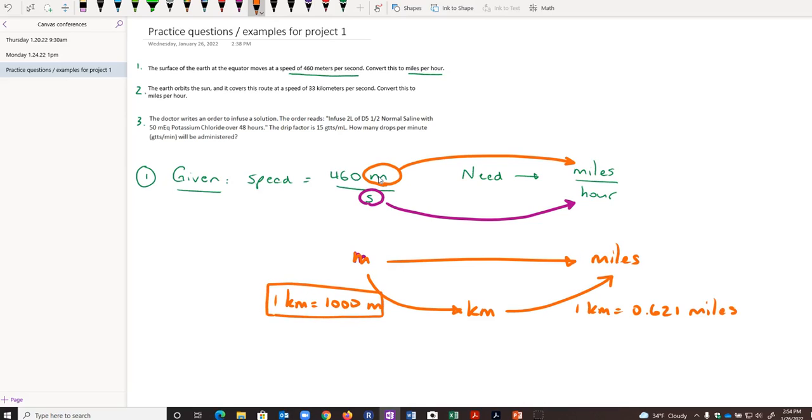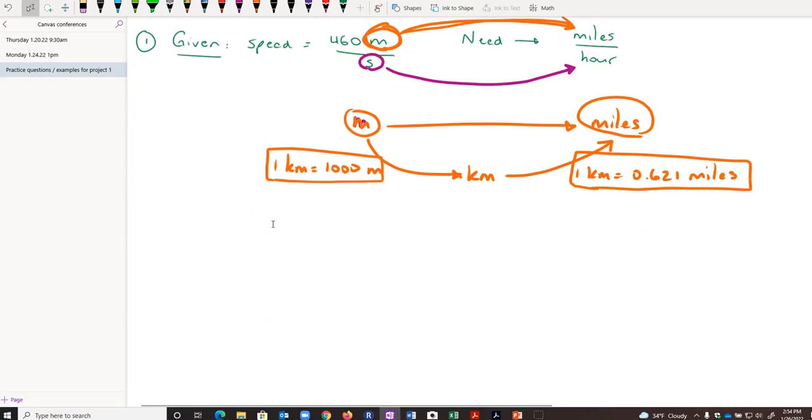The metric one that you should know, and then the kilometers to mile relationship that you can look up. What it allows us to do is to get from meters into miles, and that's the top half of our problem.